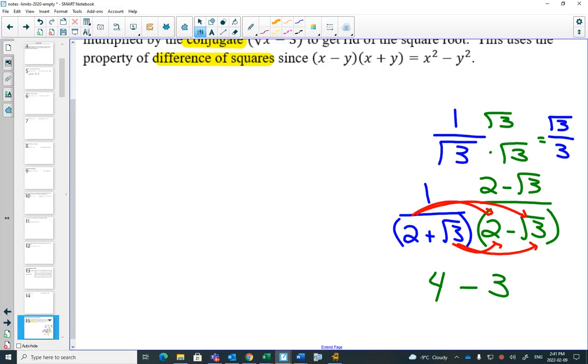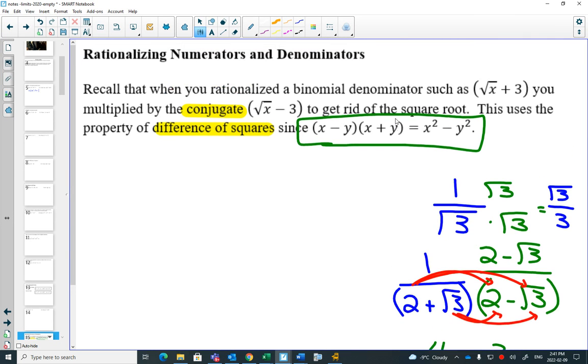Because when you multiply by the conjugate, you always get something squared minus something squared. And if either or both of those were square roots, boom, they're going to go away. Works out perfectly every single time. Now, in limits, we are not just rationalizing denominators.